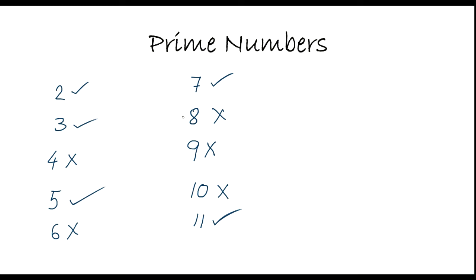So all the even numbers will be divisible by 1, itself and 2, of course. So even numbers cannot be prime numbers. Only exception is 2 because 2 is the number that can be divided by 1 and itself, and 2 is itself, right? So 2 is the only even prime number we have, and 2 is also the smallest prime number we have.